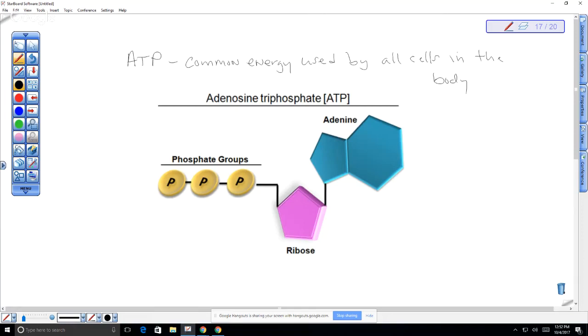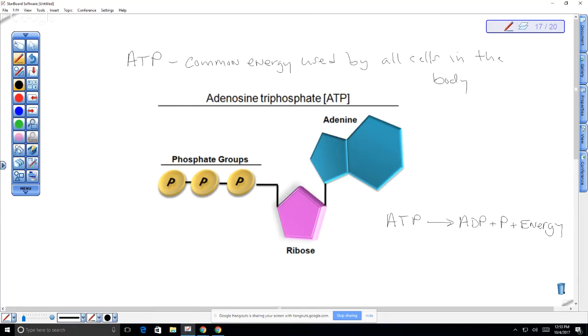Okay. So we talked about how we can break bonds and release energy. The way that we would write this is we'd say ATP is converted into ADP, so there's two phosphates, adenosine diphosphate, plus a phosphate, plus energy. Right, so I can break down ATP.